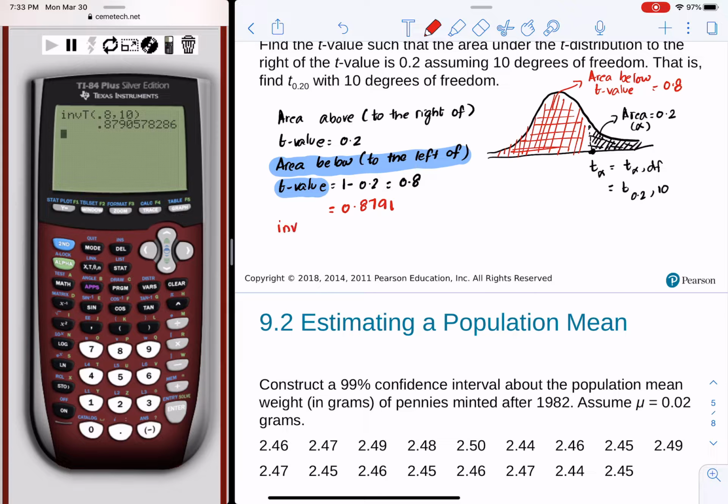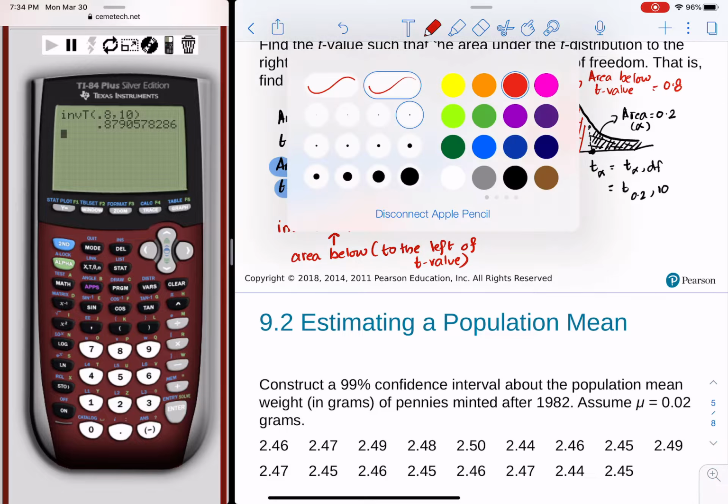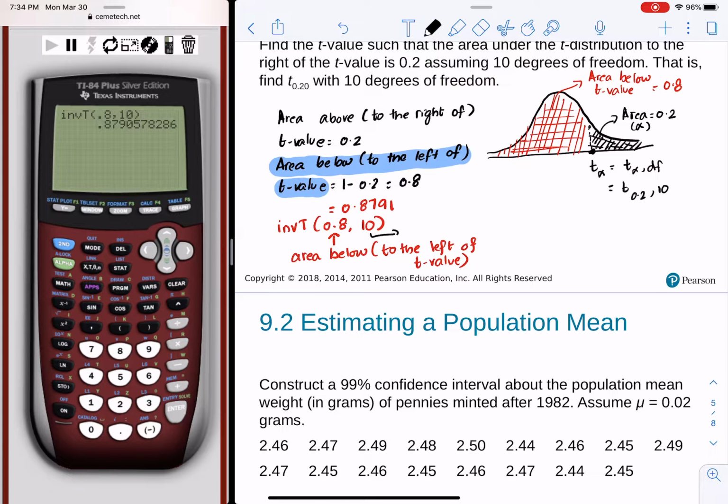We simply did inverse t, 0.8, 10. 0.8 is the area below or to the left of the t-value, and 10 is the degrees of freedom, df.